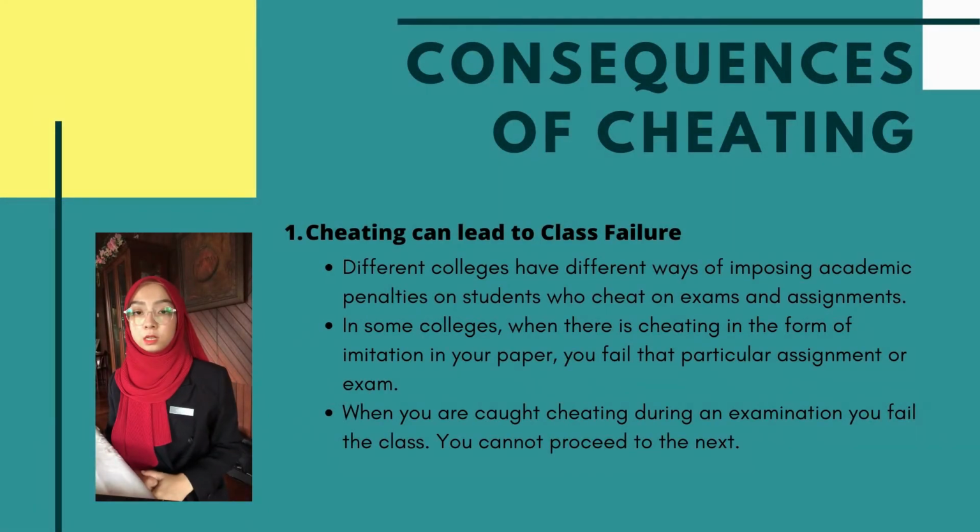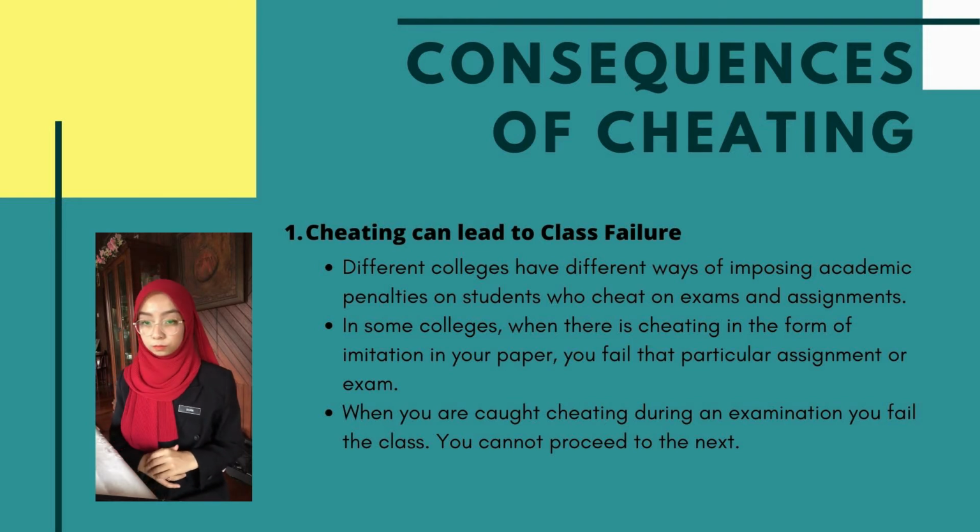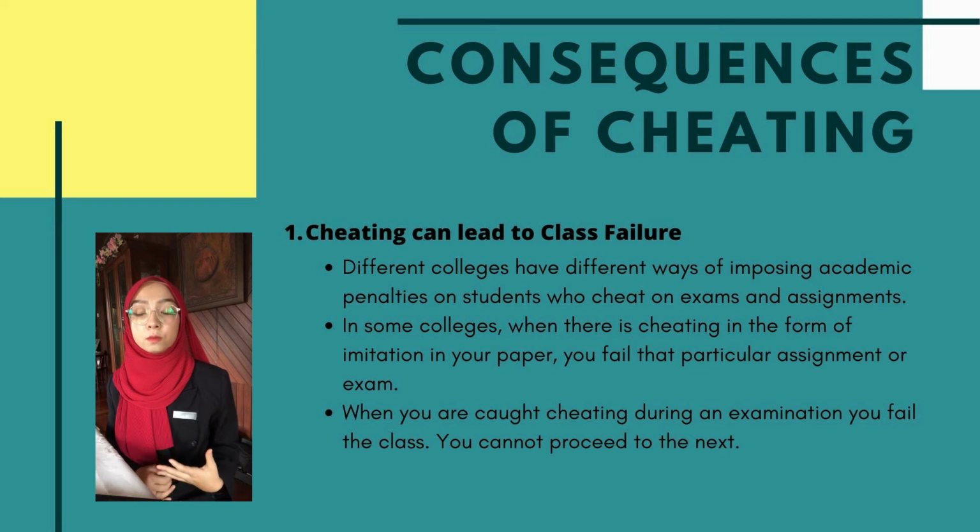So cheating can create consequences in many ways. Number one is that cheating can lead to class failure. Different colleges have different ways of imposing academic penalties on students who cheat on exams and assignments. Some universities may consider the severity of cheating before punishing, while others do not. In some colleges, when there is cheating in the form of imitation in your paper, you fail that particular assignment or exam.